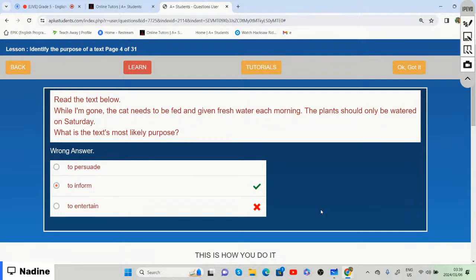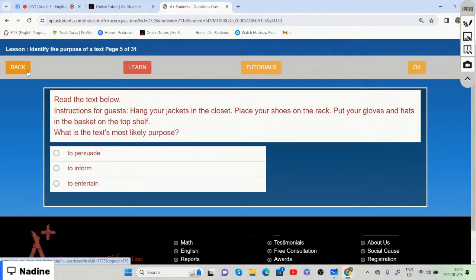Because remember, if you are finding someone to house sit, then they need to inform you as to what to do step by step every single day. So in this case, they're saying that the cat needs to be fed and given fresh water every morning, as well as the plants needing to be watered specifically on a Saturday. Because remember, if a plant gets too much water or too little water, it may die. But well done for trying.